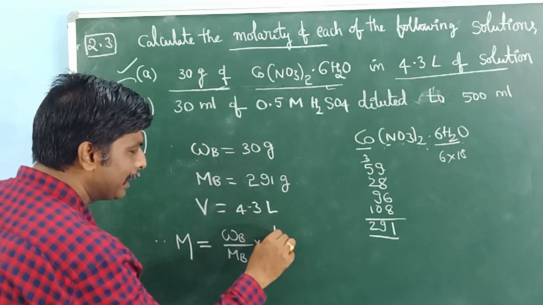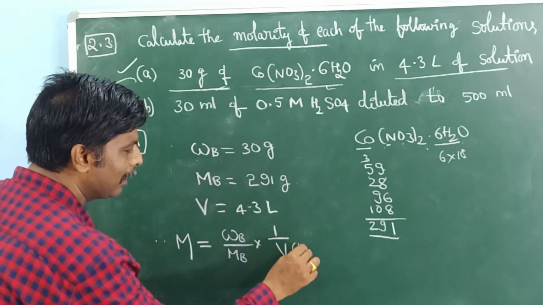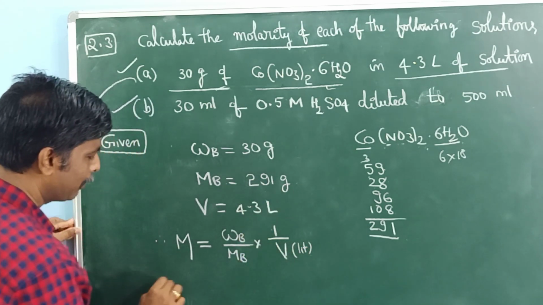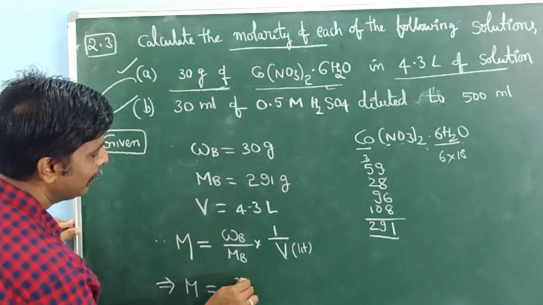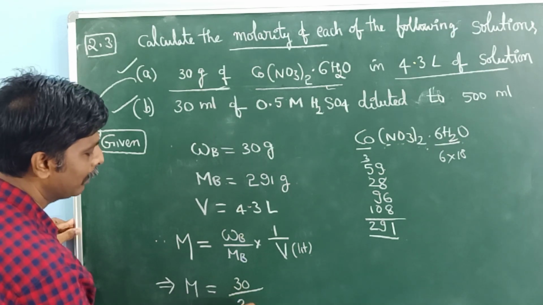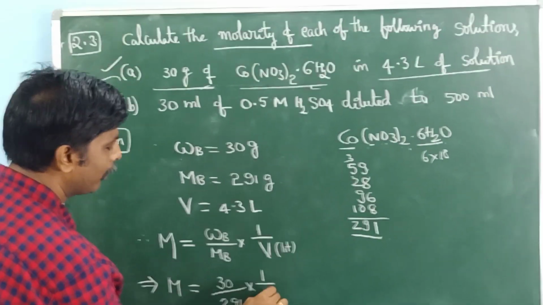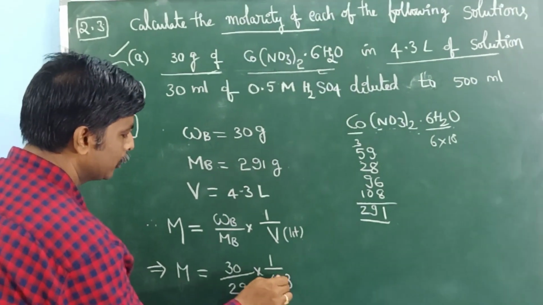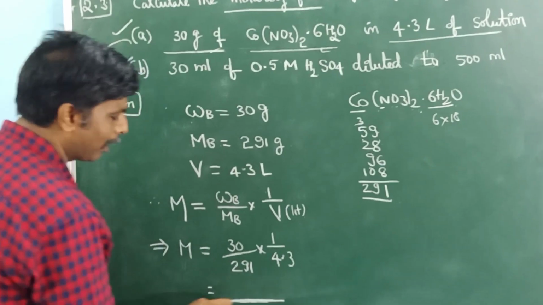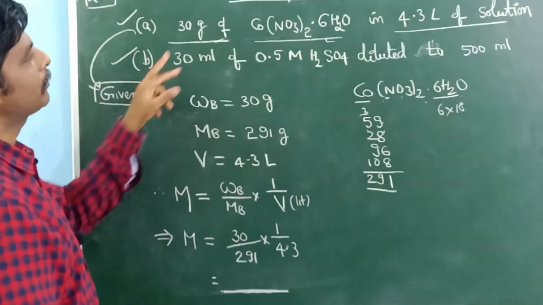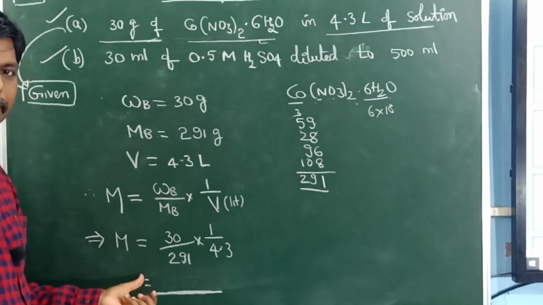But here volume is in liters, so you can write 1 by V. That implies molarity is equal to WB 30, MB 291, into 1 by 4.3. You simplify this one and you will get the molarity of the first solution.